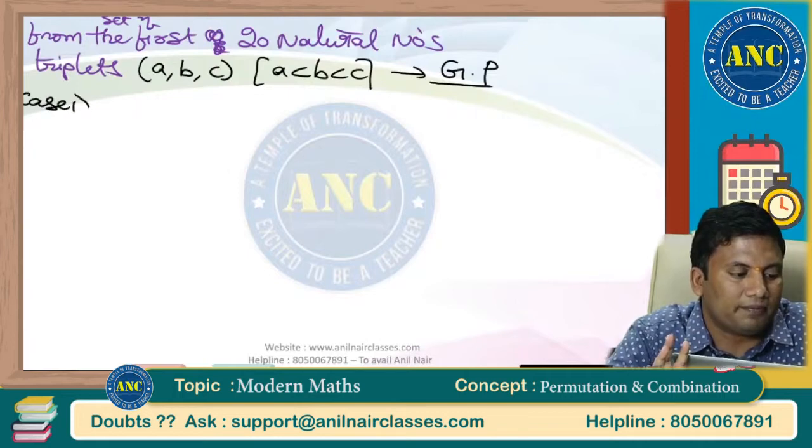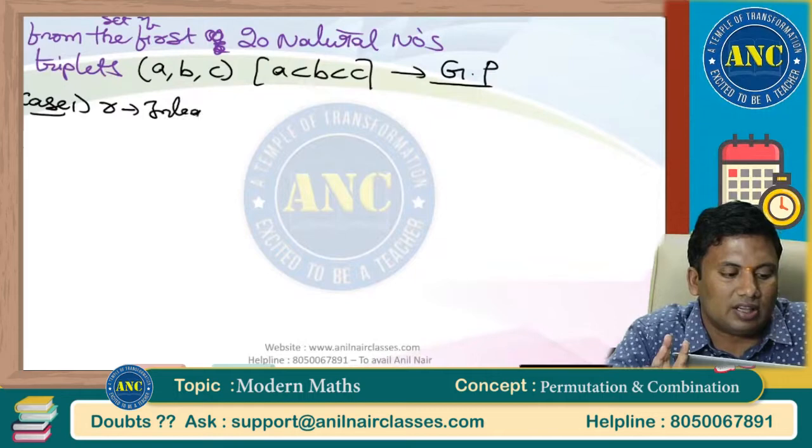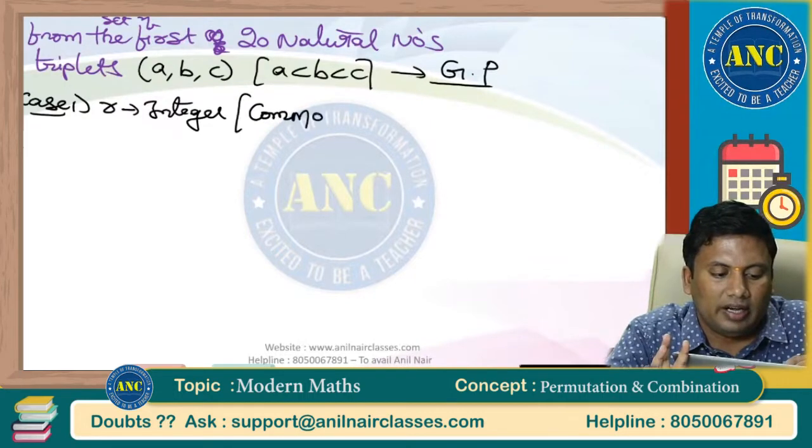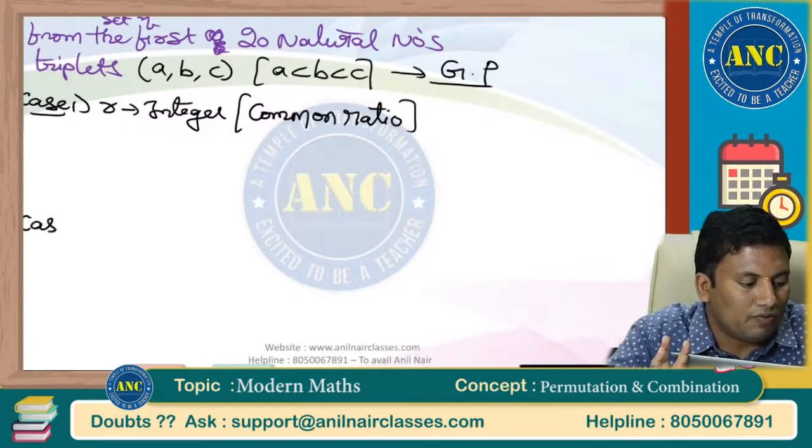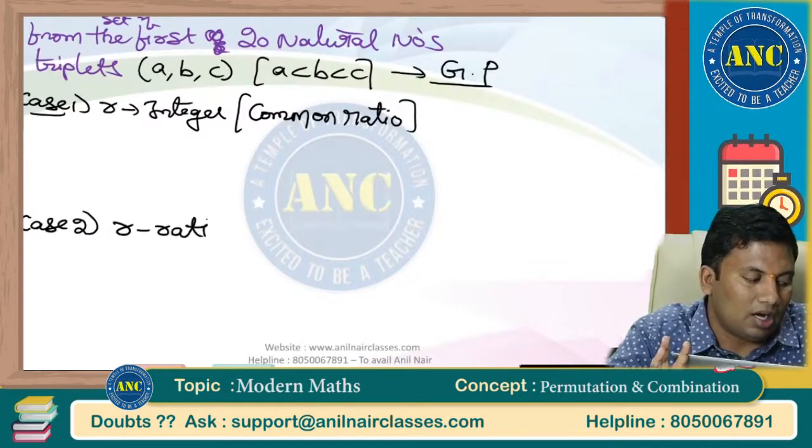Case 1, where R is an integer. R is nothing but a common ratio. Case number 2, where R is nothing but a rational number.